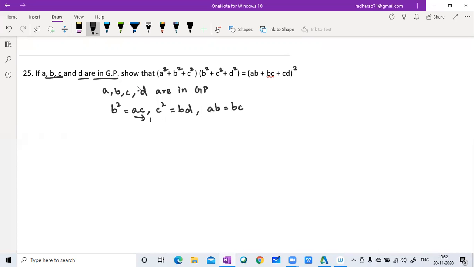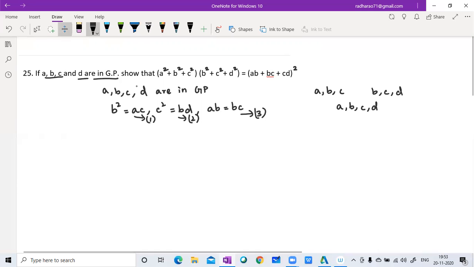Let me mark this as equation number 1, this as equation number 2 and this as equation number 3. So a, b, c is in GP, so b squared is equal to ac, that I have taken as equation number 1. b, c, d is in GP, so c squared is equal to bd, that I have taken as equation number 2. a, b, c, d, all the 4 are in GP, so ad is equal to bc.